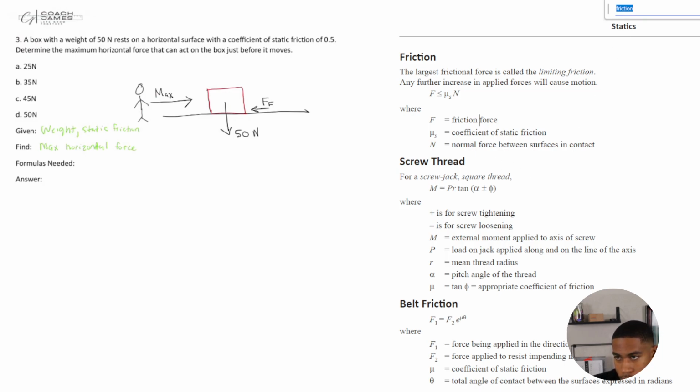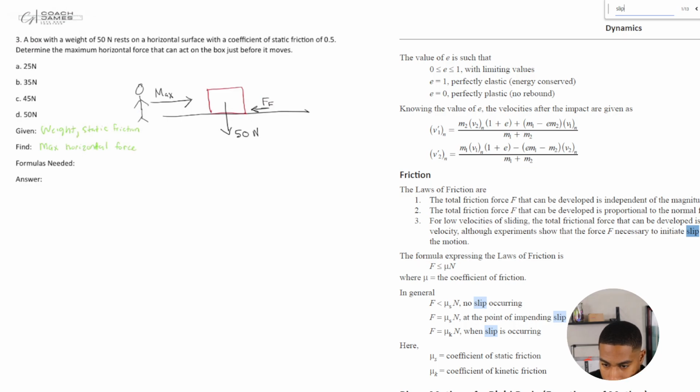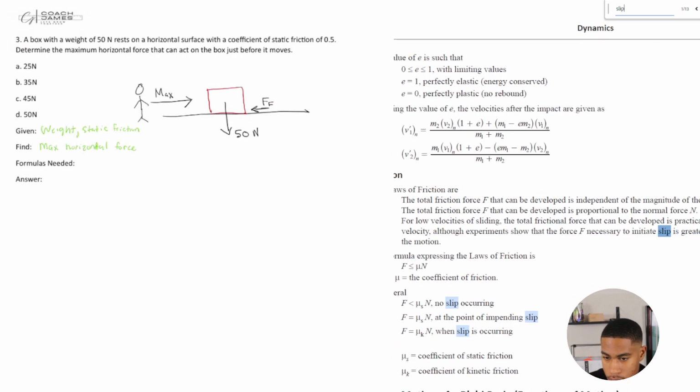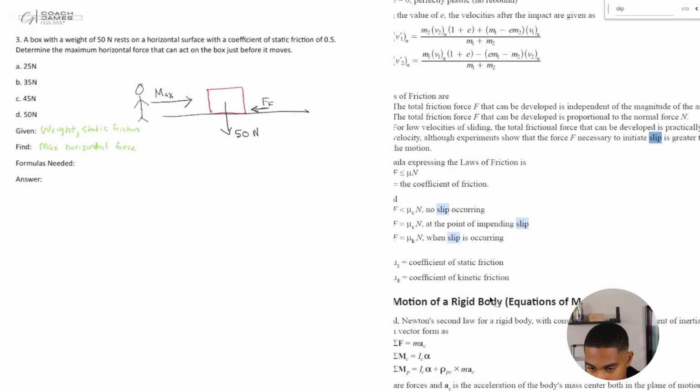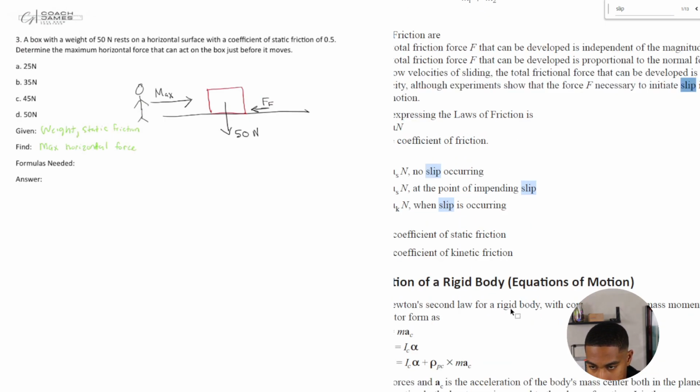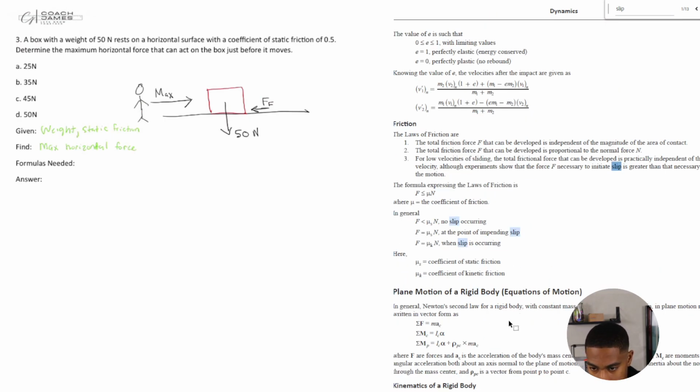So just want to search something real quick. There is a section in the handbook where it talks about slipping, and what you need to know.